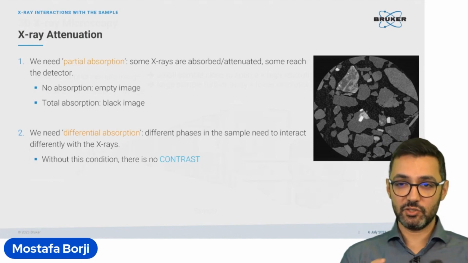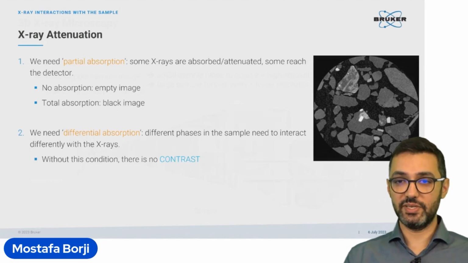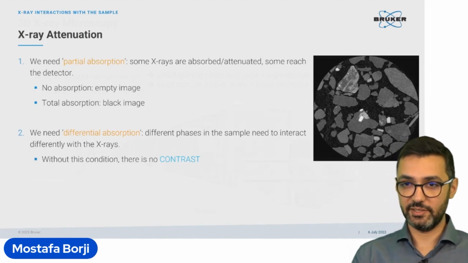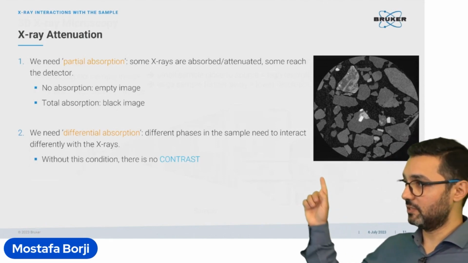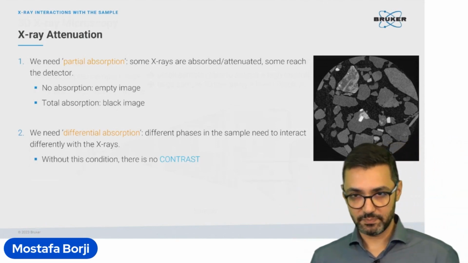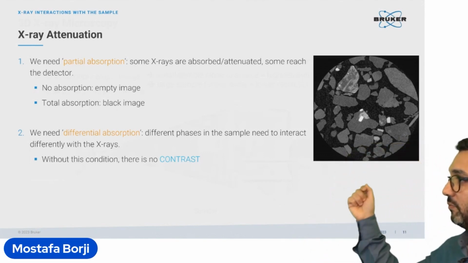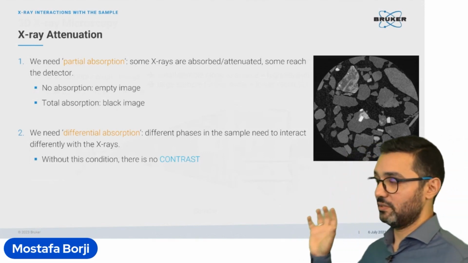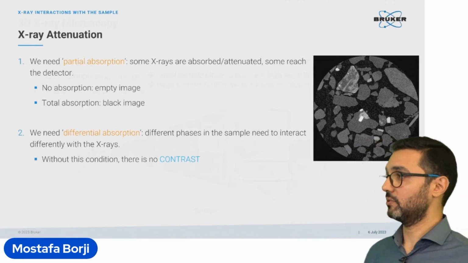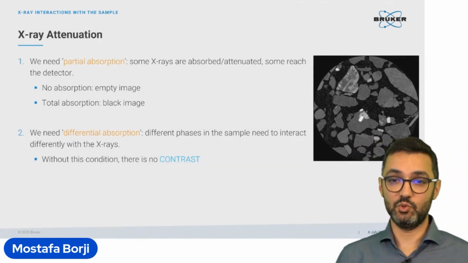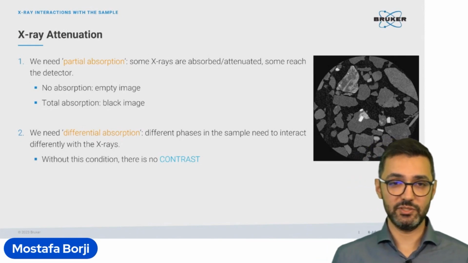And for each of them, a specific gray value will be assigned. Depending on the density of material, these shades of gray will be different. So for example, here, the brighter parts mean that the density of material is higher, and the darker parts mean the density or the absorption of X-rays is less at that point.